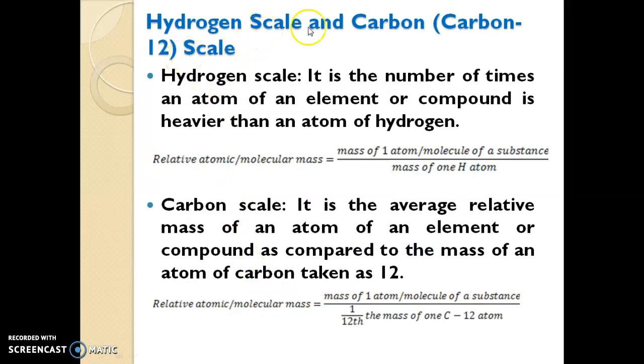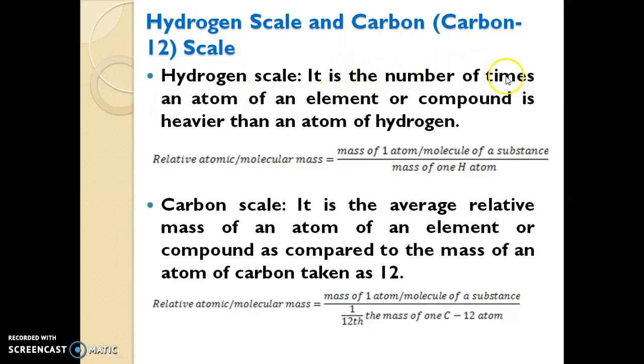Then go for these 2 scales. We have done everything till now on the basis of the carbon 12 scale. There is another scale which is the hydrogen scale, which was used earlier, but not now. Now only the carbon scale is used. This hydrogen scale will be used when you will be doing the relative vapor density. Now what is this hydrogen scale?